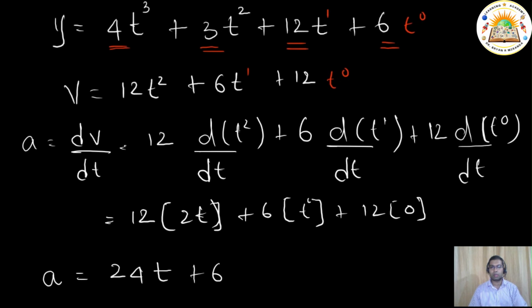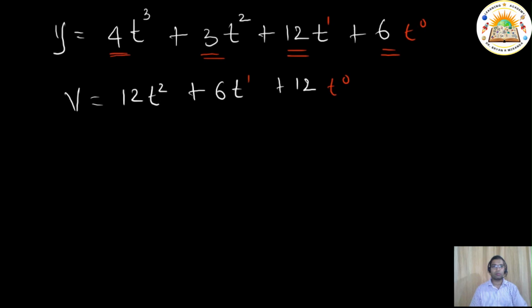So I can actually write the final expression like this: acceleration is equal to 24t plus 6. So you can see when we are differentiating what we have done, we have reduced the power from 3 to 2 to 1. So we've made this a simple straight line equation from a quadratic equation.